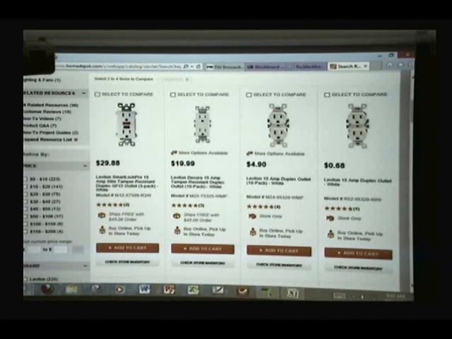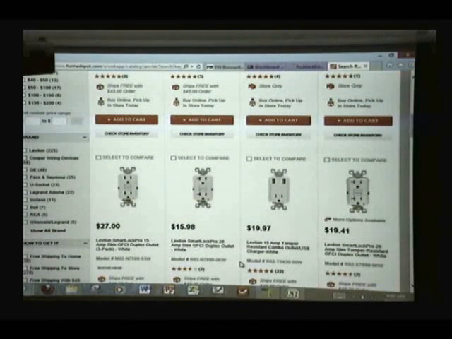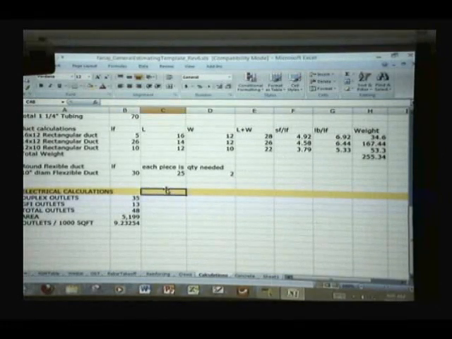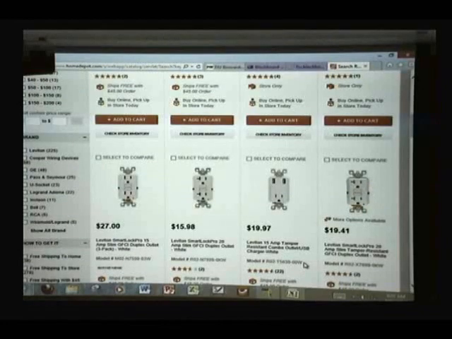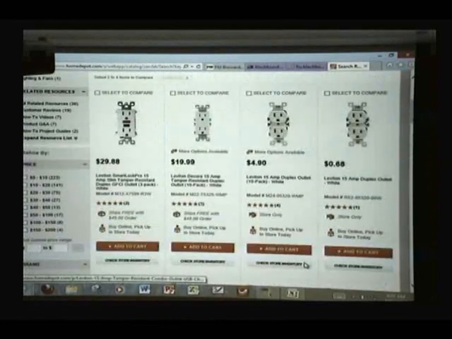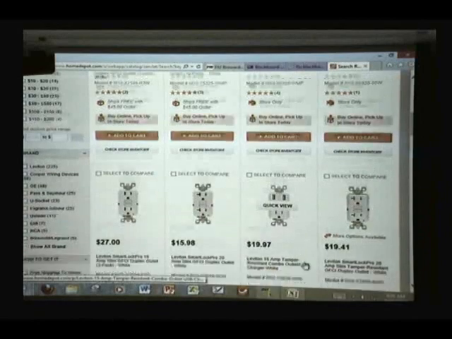I want to compare two things. Wow. This cannot be right.